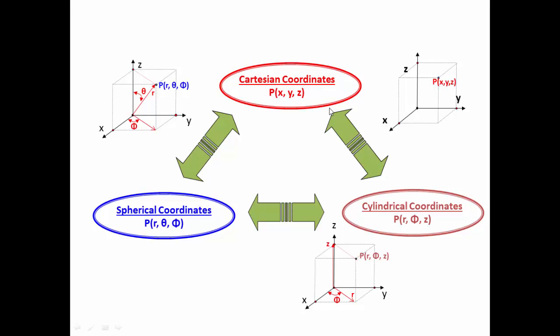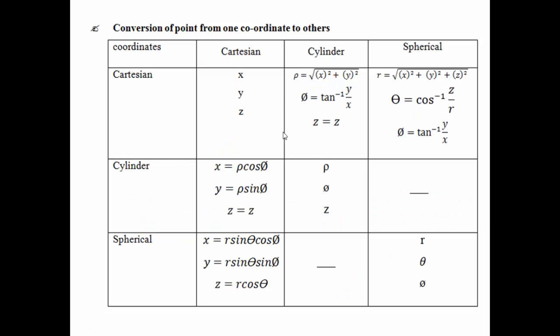So again here, you take the paper, make a small hole in the paper and roll it in the cylindrical shape and find what conversion process takes place. There are changes, that is what you want to find. Now if you know the point in one coordinate system, you can convert it to other coordinates. So this is the formula. We will practice on paper, then we will solve the problems.